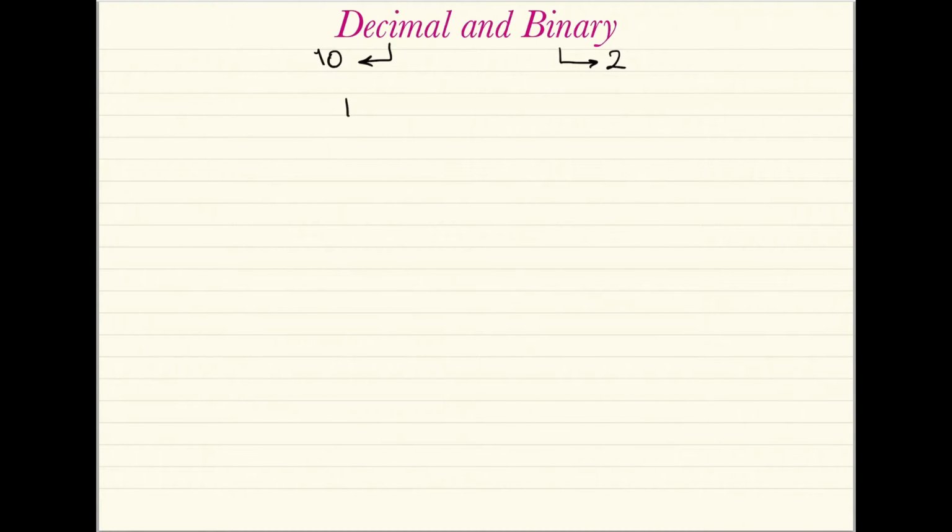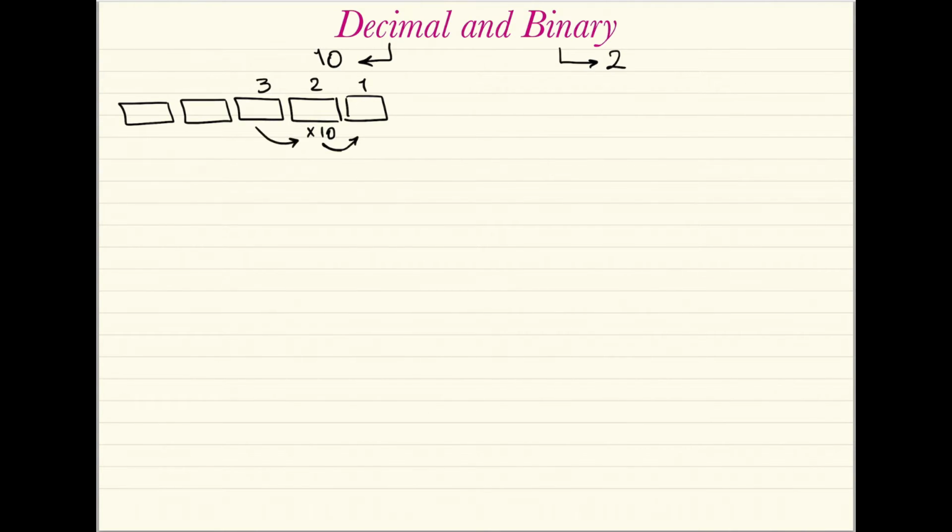It means that in a decimal system, for example, we have different boxes, and each box is 10 times bigger than its adjacent box.